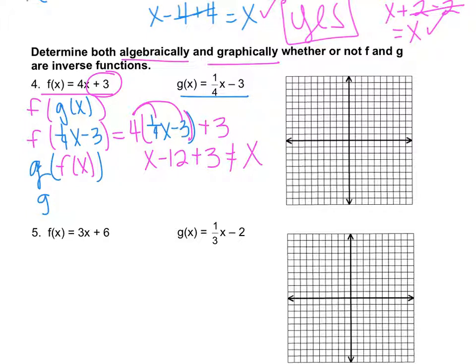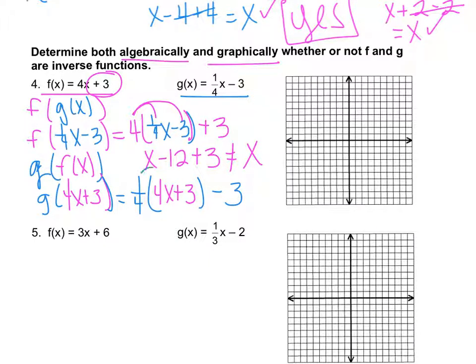So I'm going to have g, f of x is 4x plus 3. So in function g, 1/4. In place of x, I'm putting 4x plus 3. And then I have a minus 3.